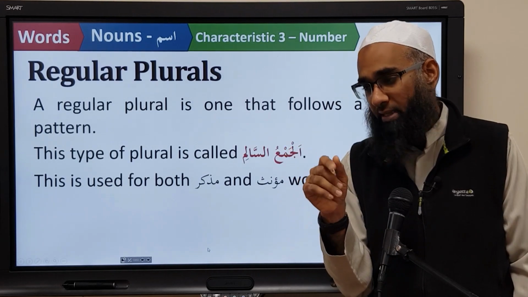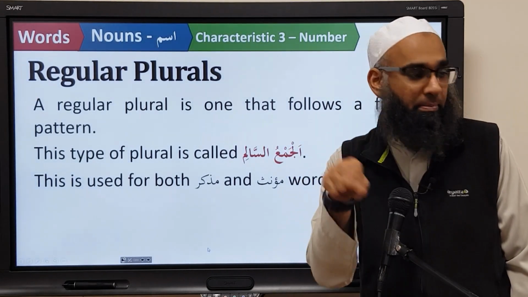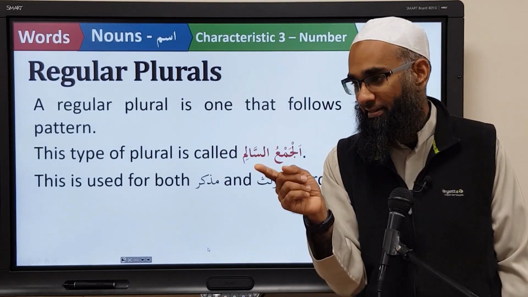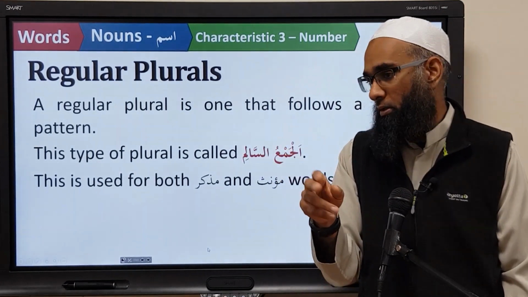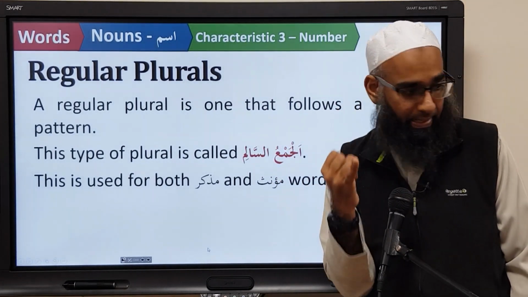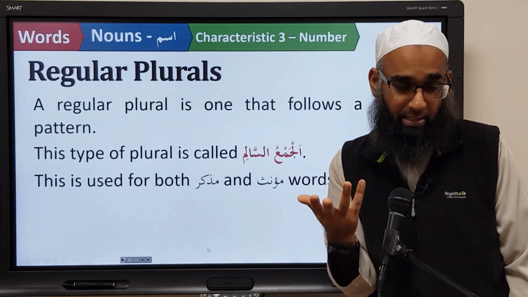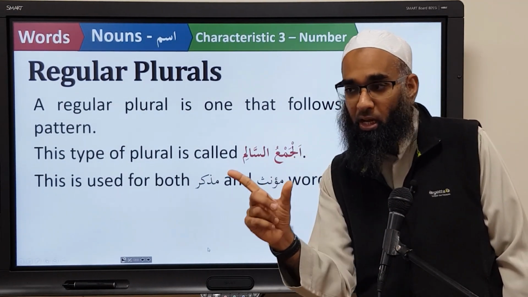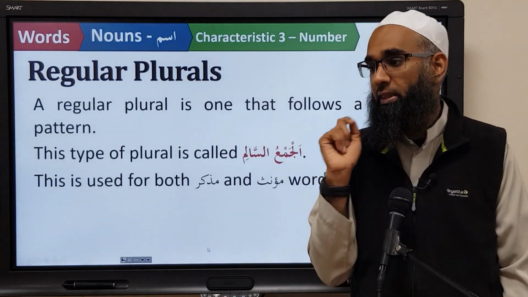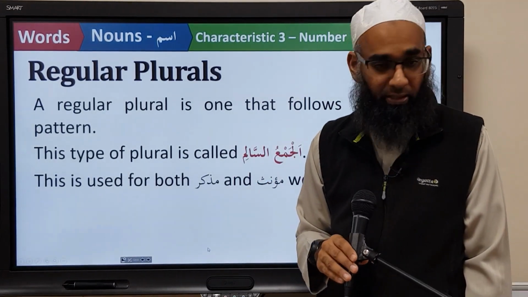For example, in English you add S sometimes, and then sometimes you add ES. So think of it that way. You have jam'u salim, but then there are two rules, one for mudhakkar and one for mu'annath. Are you following me? Everybody understand?